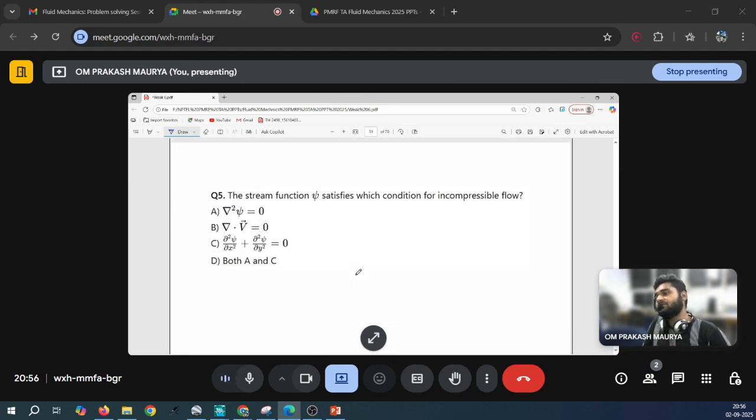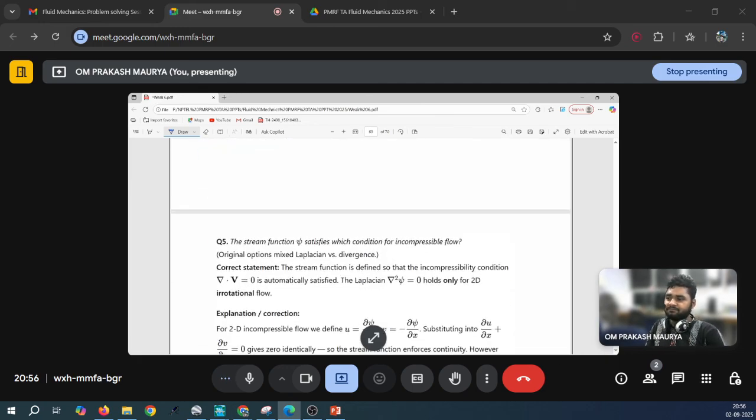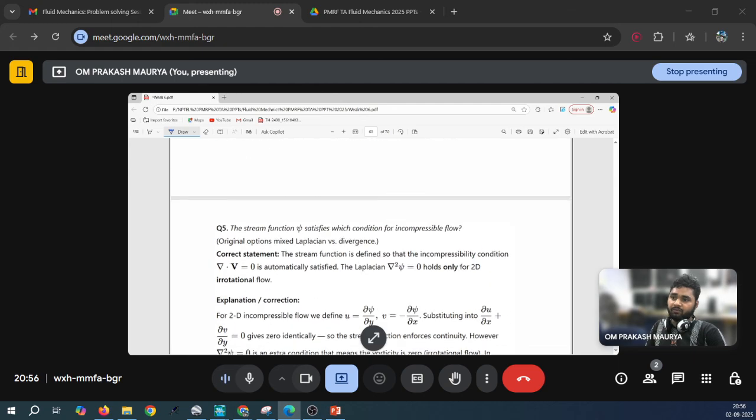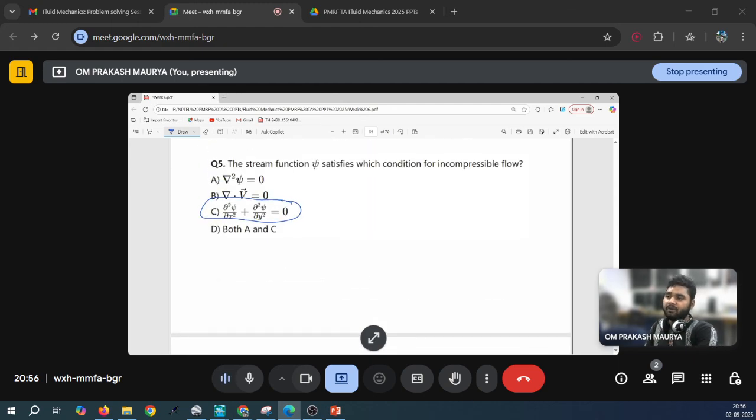Now very easy question. The stream function psi satisfies which condition for incompressible flow? As we have already discussed, this is valid only for 2D flow, remember please.